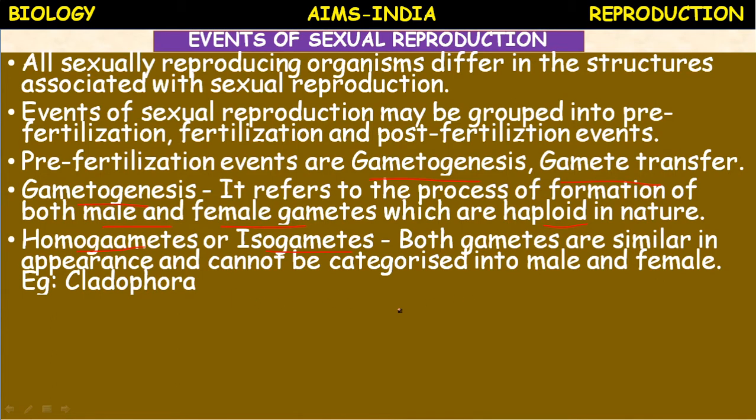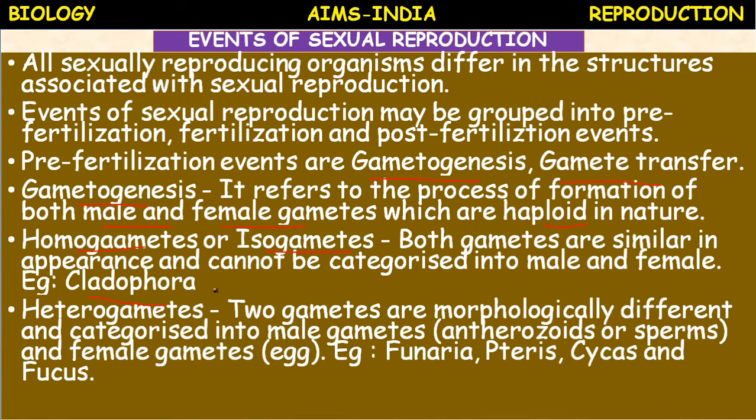Example, in Cladophora, this kind of homogametes are produced.